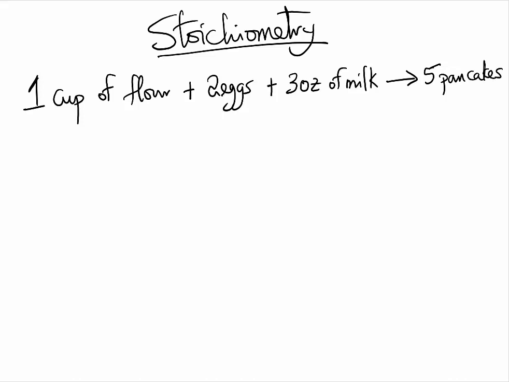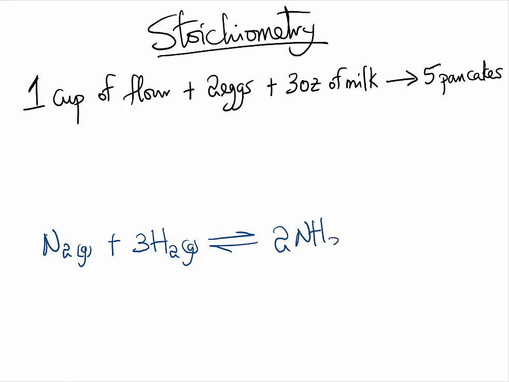This is a recipe. Now, take a look at a chemical recipe. Nitrogen, which is a gas, when reacted with 3 hydrogen, will give us 2 ammonia.